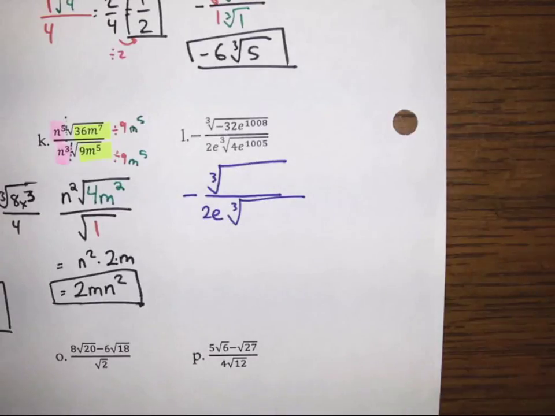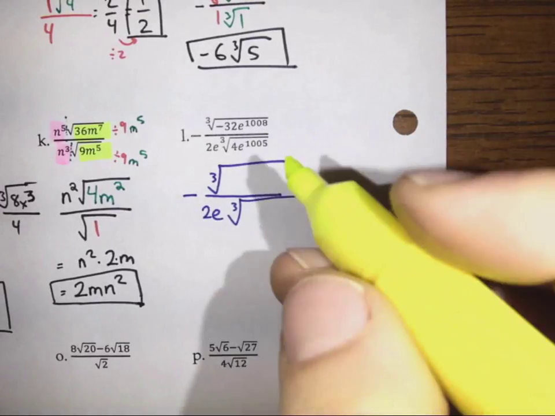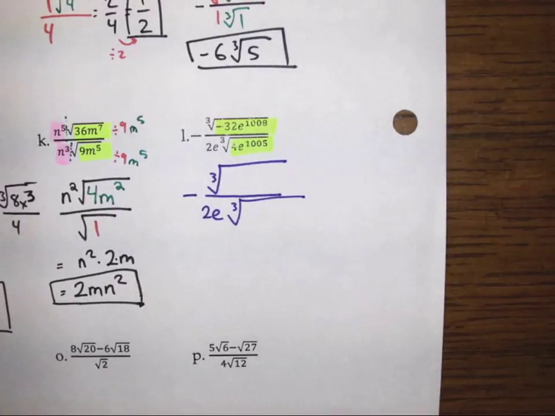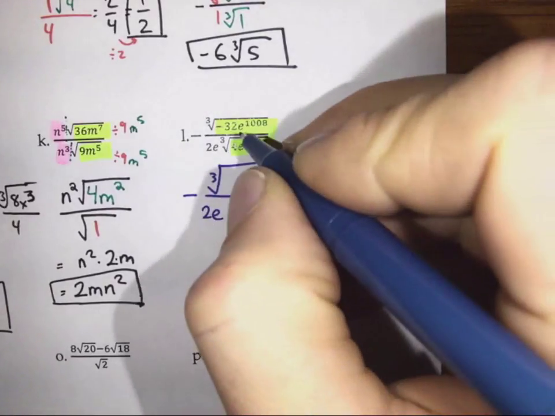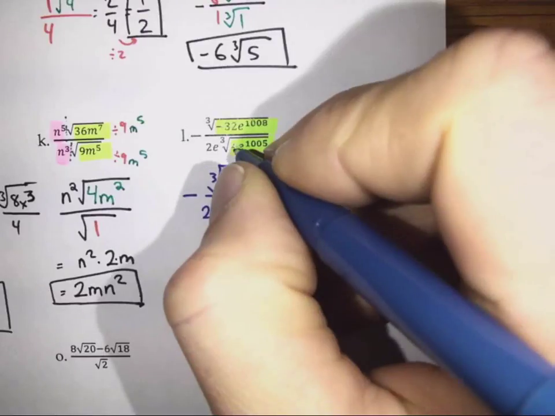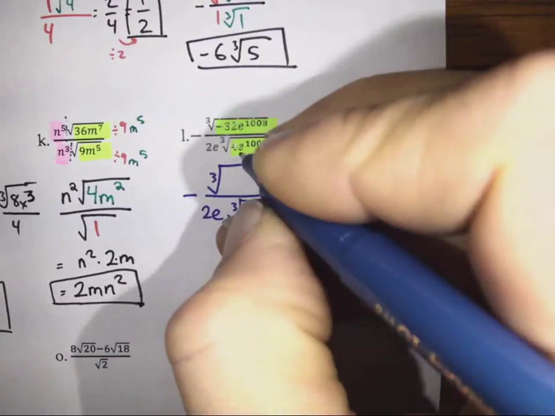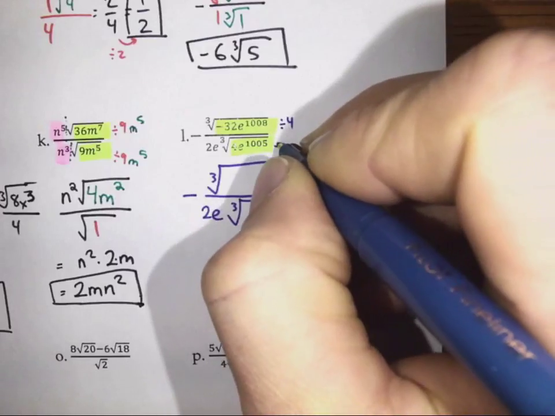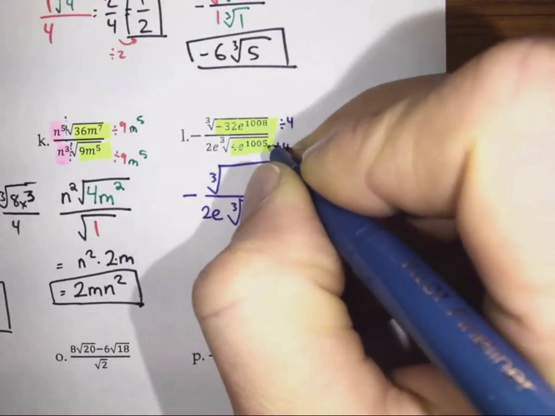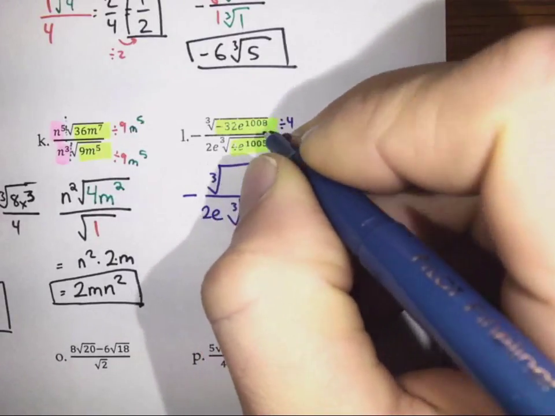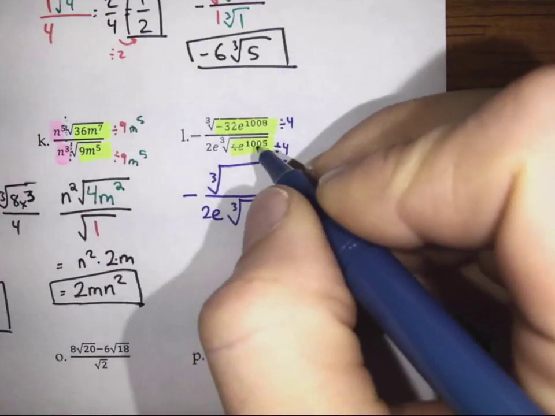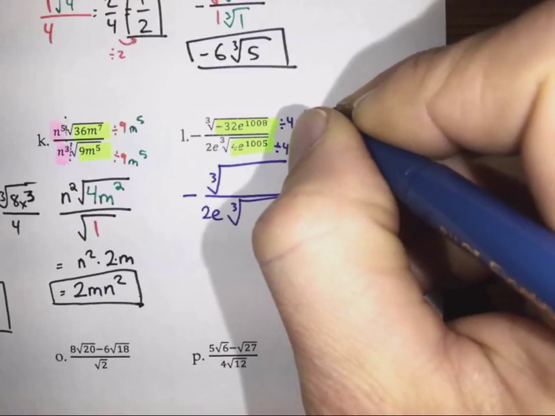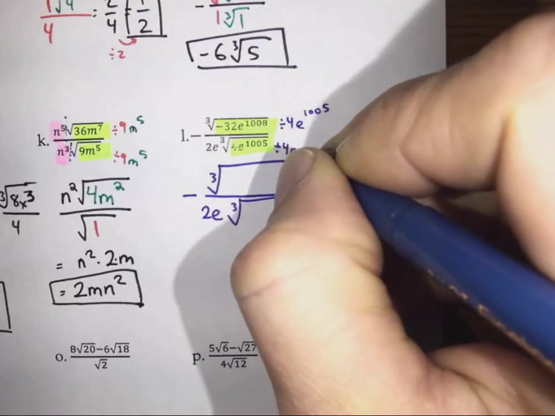And the question is, okay, well, what divides into negative 32 times e to the power of 1008 over 4 times e to the power of 1005? Well, I can divide them both by 4, and I can divide them both by the lowest power of e that I can see. So I'm going to divide them both by e to the power of 1005.